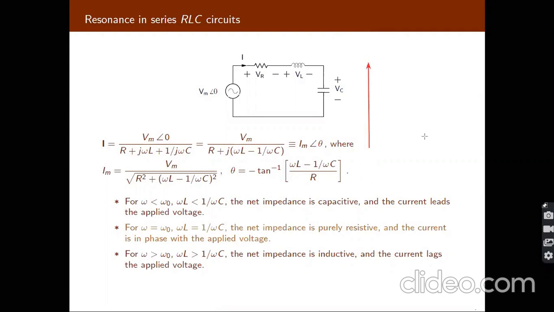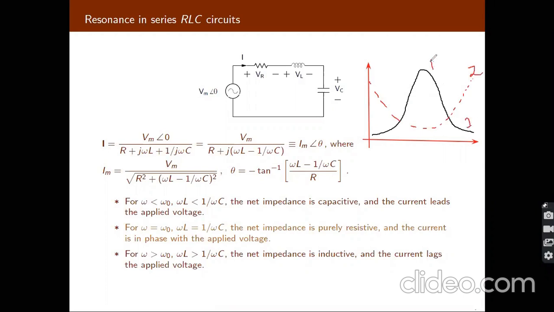The graph will be at resonance. At resonance, the current is maximum, right? The current is maximum and the impedance is minimum. Yes or no? These are very important. So this is the impedance and this is the current.